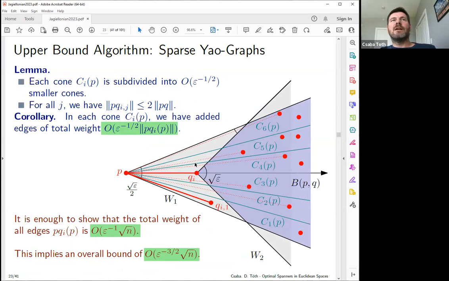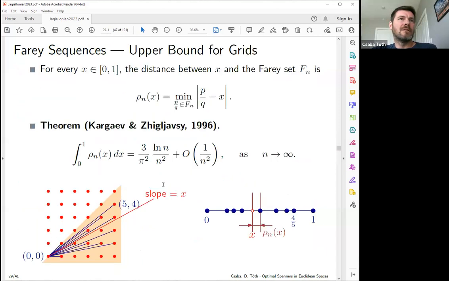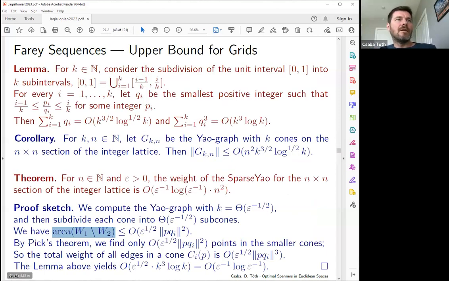And so the question is how many edges might be added here. In the worst case, this was just an epsilon to the minus 1/2 factor, if in each of these cones there's a point, but for the grid that depends on the area of this region. So by Pick's theorem, we can't have more than twice the area number of grid points, and going back to the slide, there's this here.